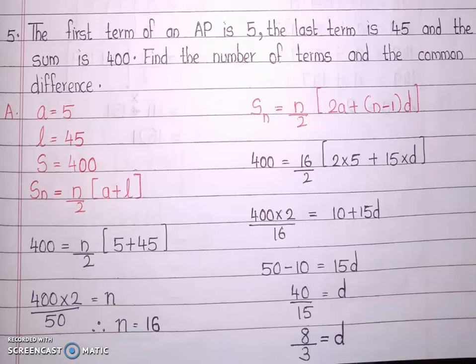Students, don't think that known, K-N-O-W-N, that is the spelling, known quantities to you. Substituting the values you know, you will get an equation for d. That is, and the last value of d is 8 by 3. Students, you will get 40 by 15. Reduce it to the smallest term, 8 by 3.